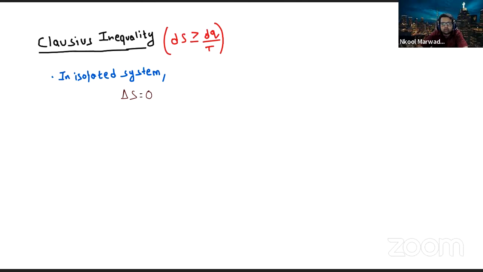Or delta S can be greater than zero also, because in isolated systems also there are spontaneous processes possible. It implies that delta S can be greater than or equal to zero in isolated systems.